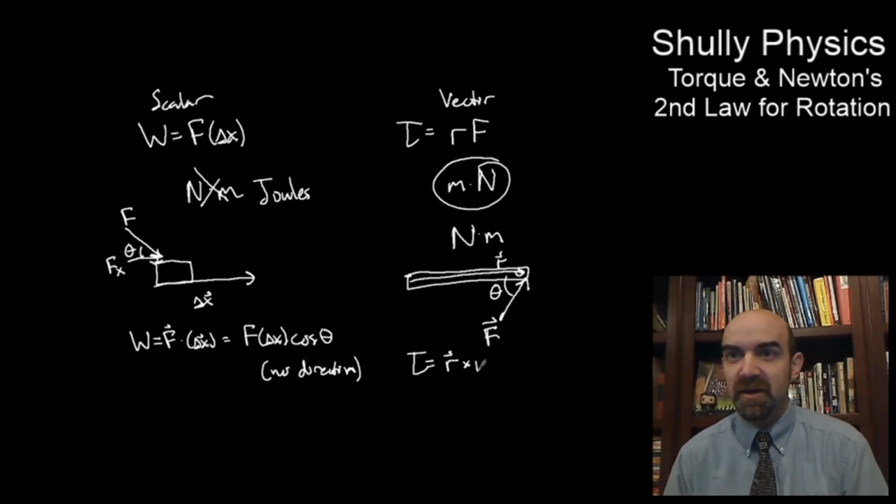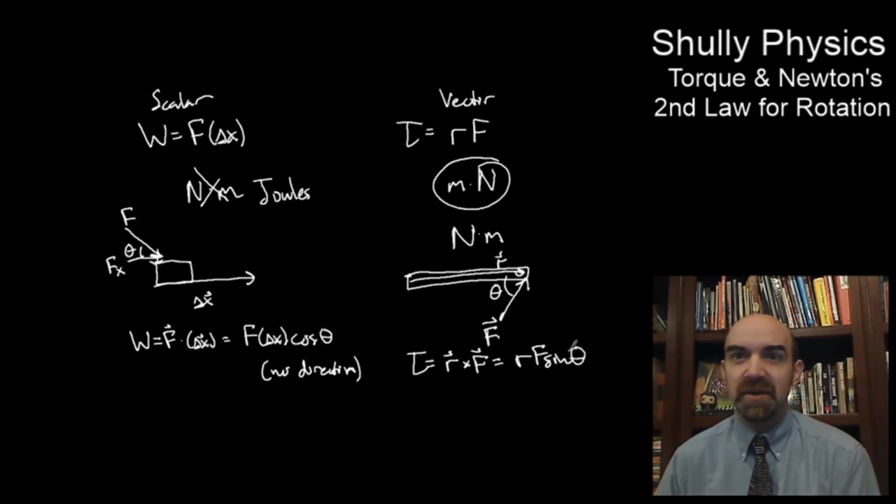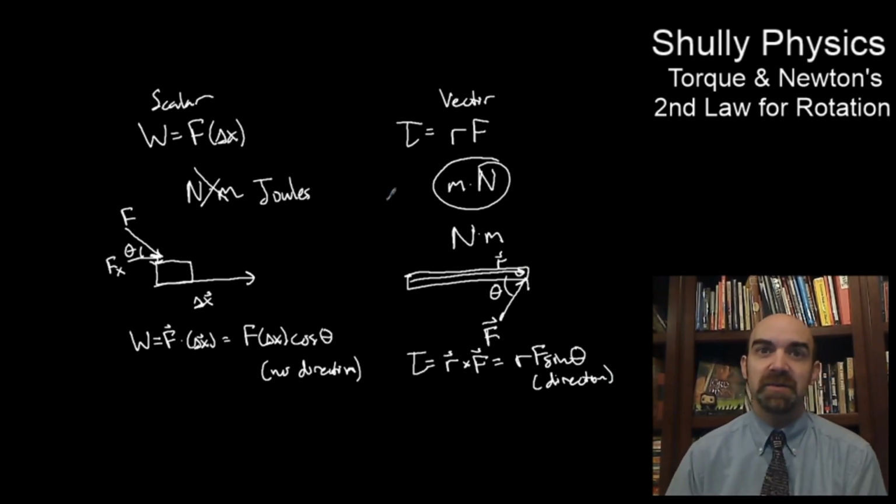R cross F, and its magnitude is R F sine theta. All right, but in this case, there is a direction. We do have a direction here. This would rotate it counterclockwise.